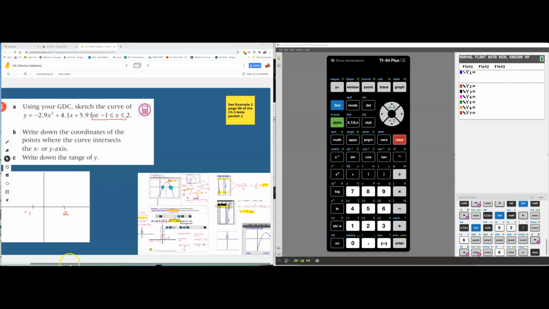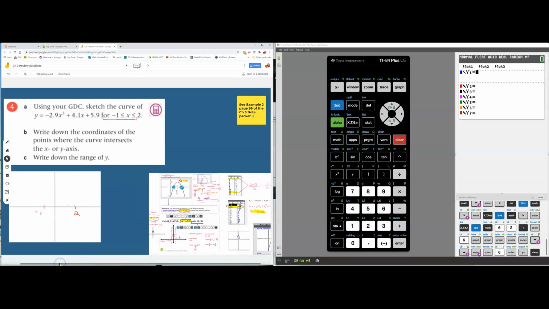Okay, question 4 is asking us to use our graphing display calculator to sketch the curve of a quadratic for x between -1 and 2. So we're not going to graph this beyond those values, just the portion of the graph that fits between these two.